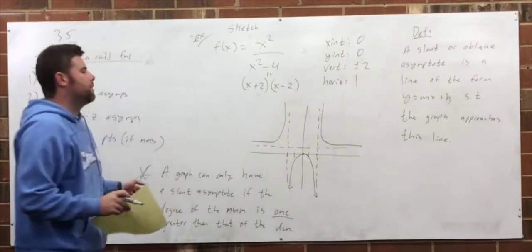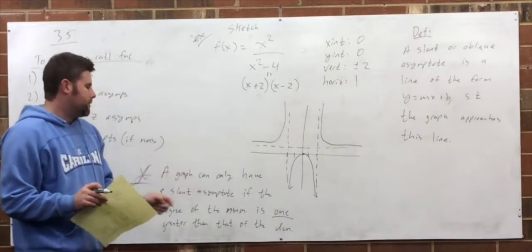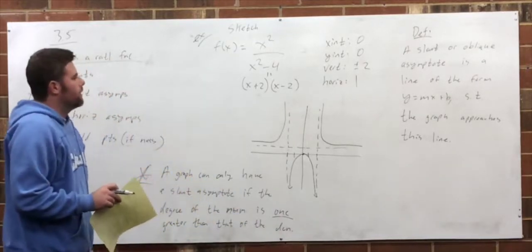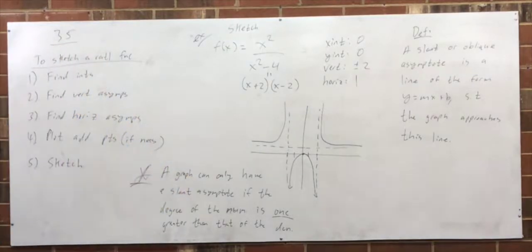Okay, so this is an important note when we're talking about slant asymptotes. We can only have a slant asymptote if the degree of the numerator is 1 greater than that of the denominator.